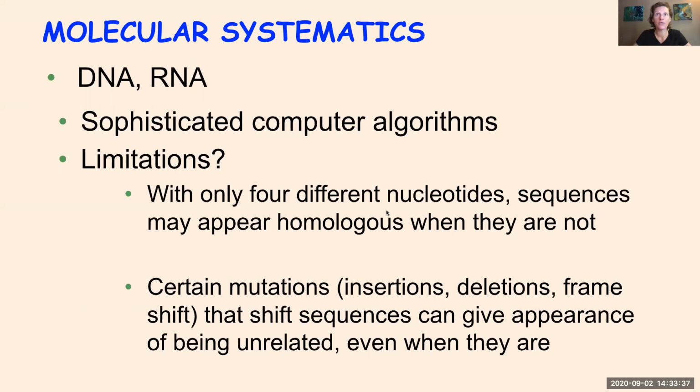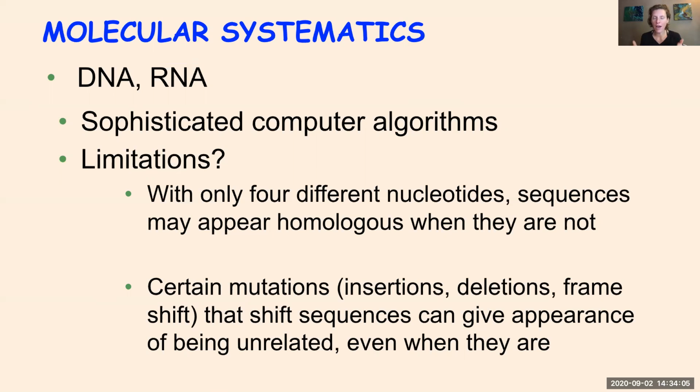Sometimes, because there are only 4 different nucleotides, that means A, T, C, and G, sometimes there are patterns that actually have the same letter sequence, but that's just because they randomly have the same letter sequence. So that can happen. And then different types of mutations might also give sequences that look related.